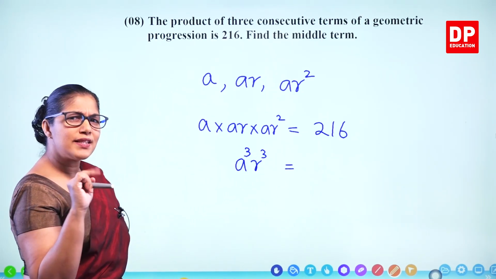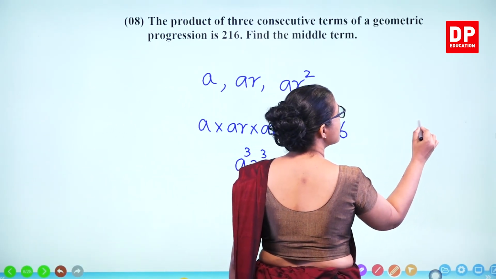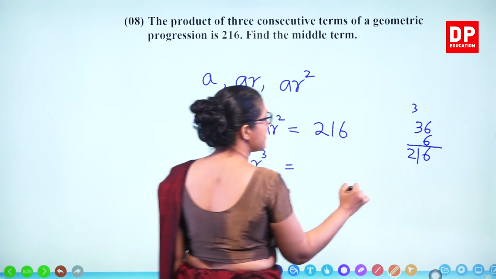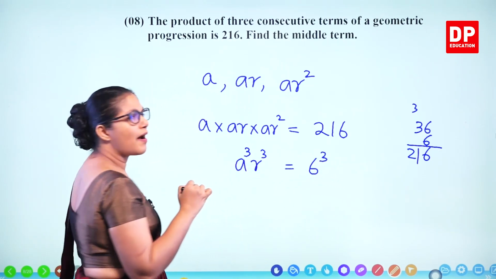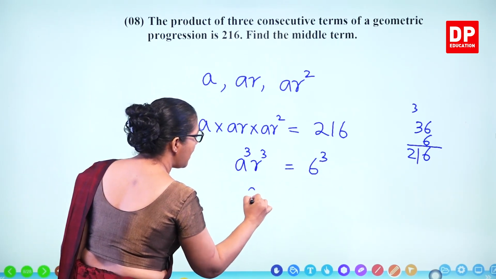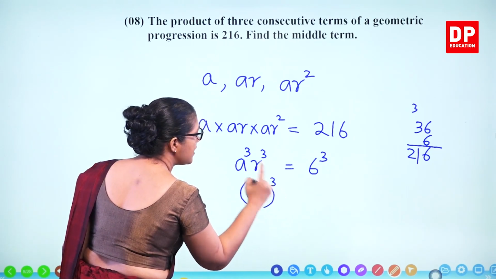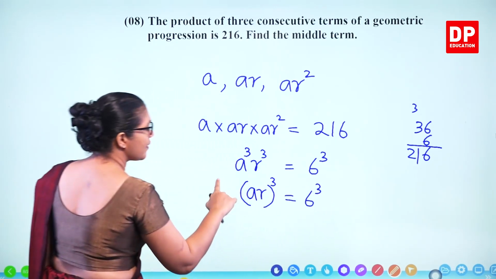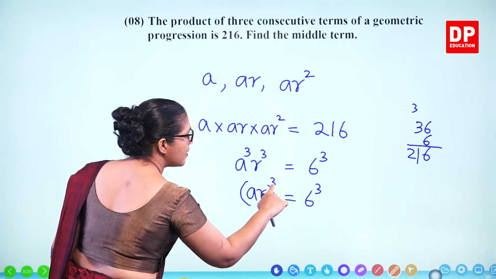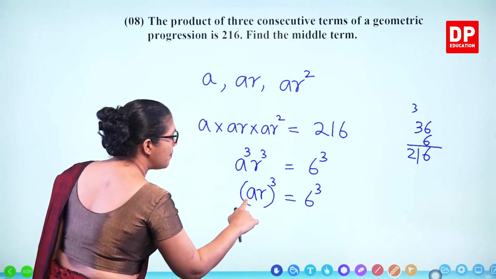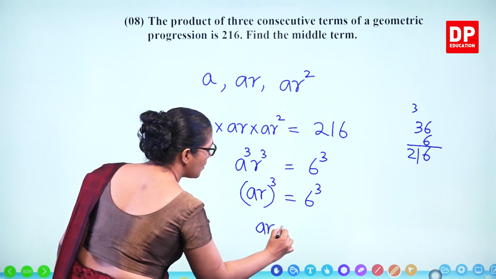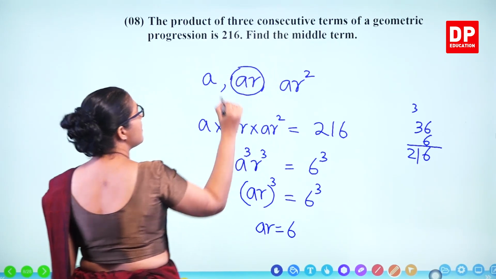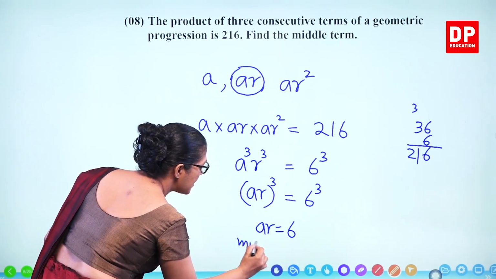We need to think about power 3. 6 times 6 is 36, 36 times 6 is 216, so I can write this as 6 to the power 3. So (AR) to the power 3 equals 6 to the power 3, because both are power 3. What can you say about AR? Same power, so you can equate the bases. AR equals 6. The middle term is the AR term, so the middle term is 6.